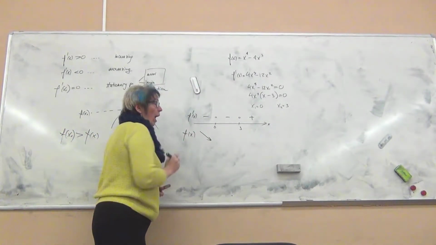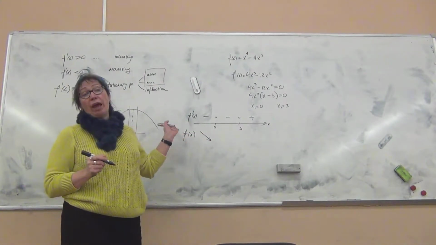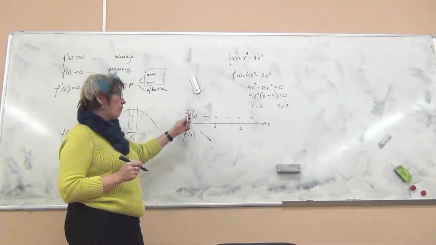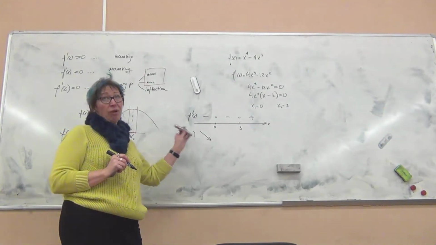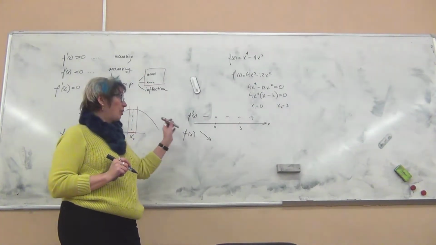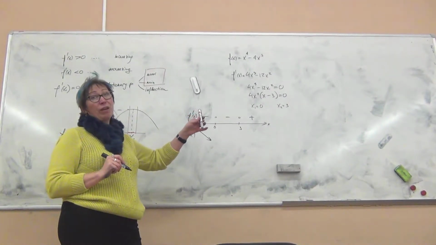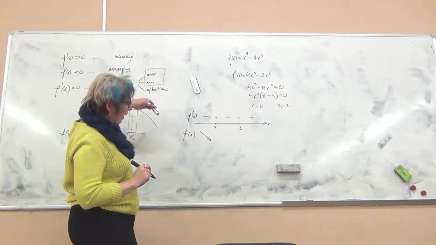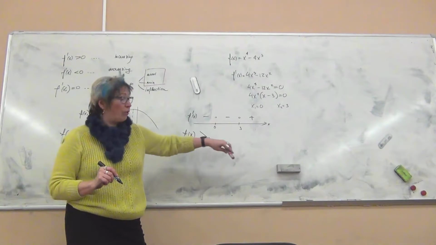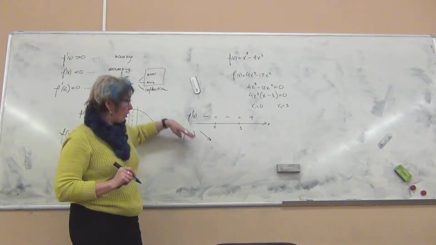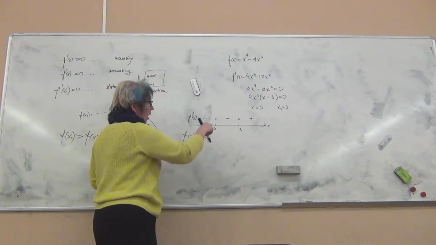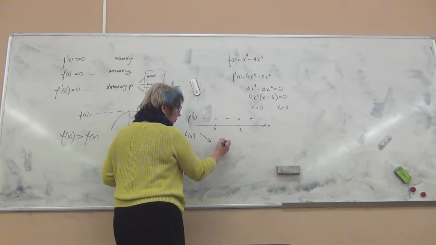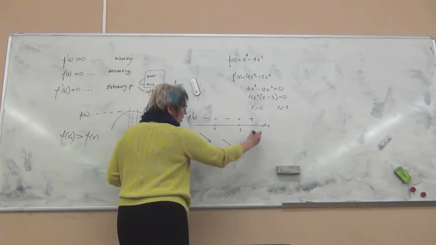I show it by an arrow going downwards, but it's not a vertical arrow. Please make this arrow pointing to the right, because we are looking at the behavior of the graph. So as x increases, the function is decreasing. So don't do it vertically. It's always slanted. Now, still decreasing, and now this is increasing.